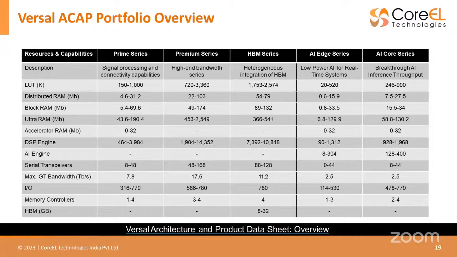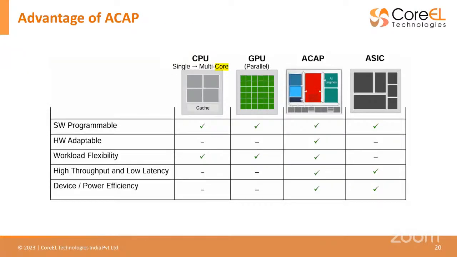Why do we need, and what is the advantage of, the Versal ACAP as an architecture? You have your CPUs, your processors, whether single core or multi-core, where you have software programmability and flexibility with your workloads.